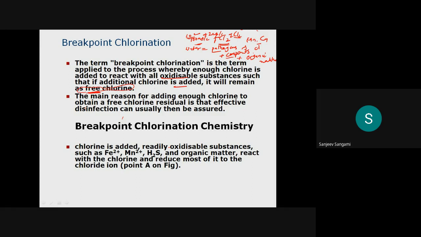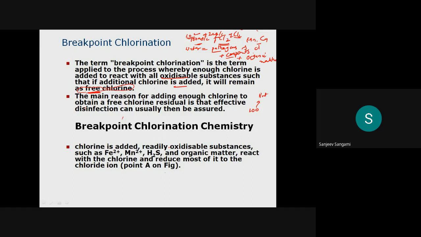When it reaches 100, that point we can call the breakpoint chlorination. Then the 2 milligram per liter that is left remains as the residual chlorine to stop further contamination in the pipelines. So that graph is there. In that graph, I'll explain how exactly it works.